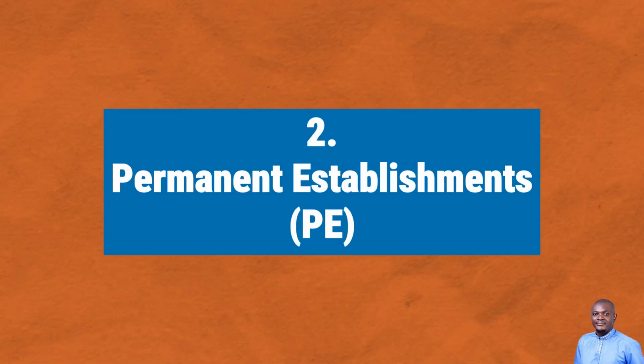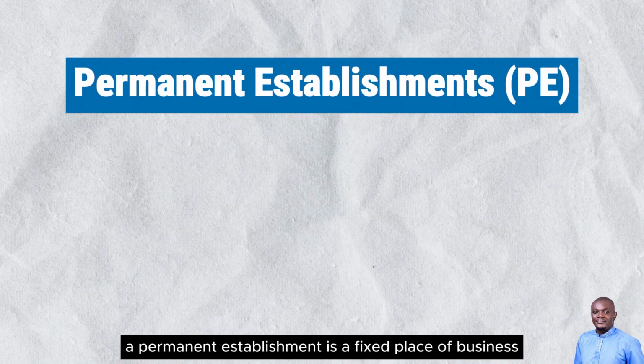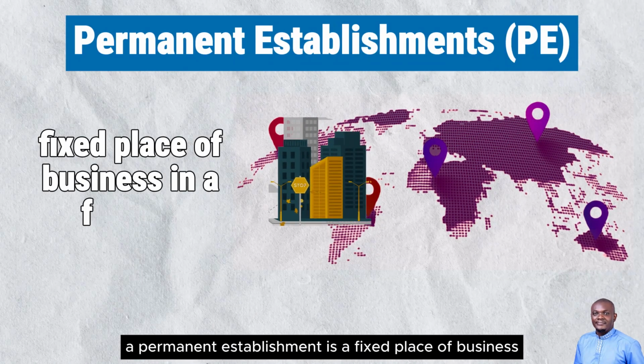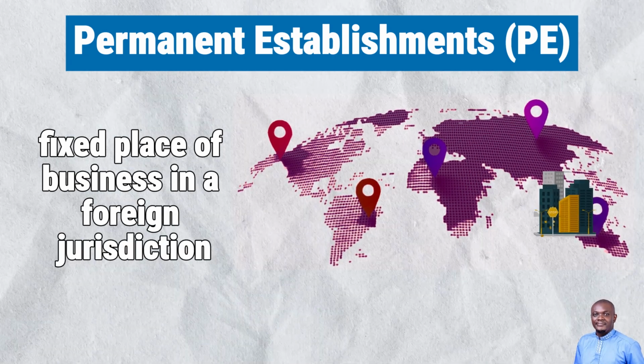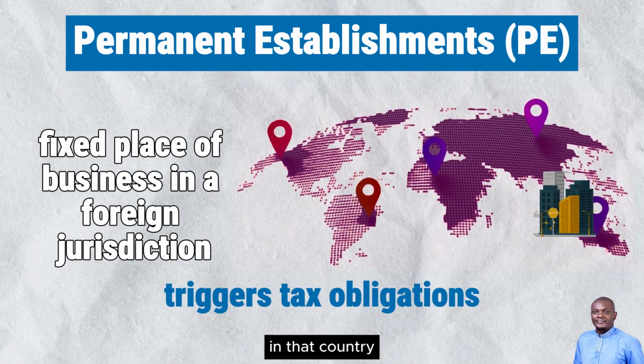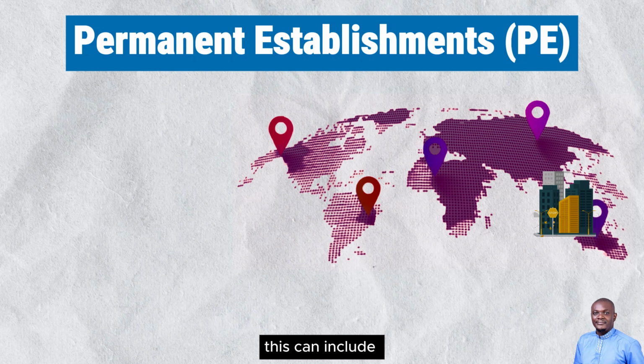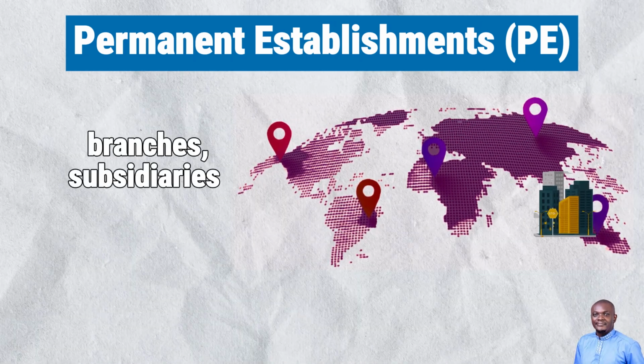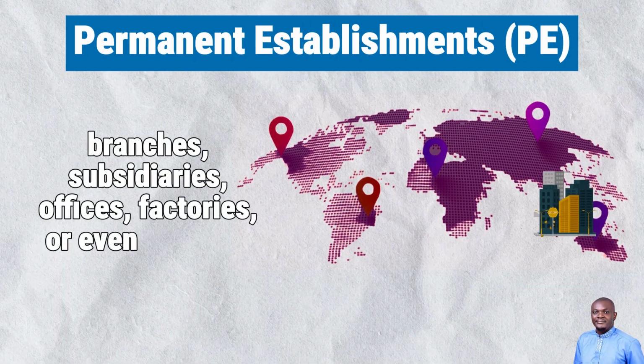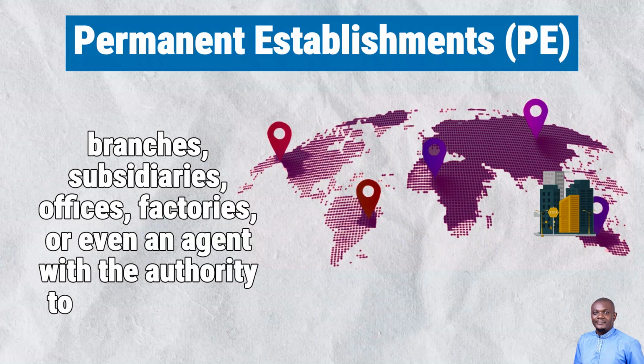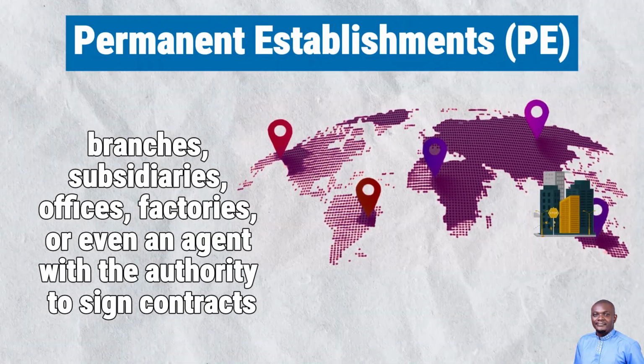Permanent establishment. A permanent establishment is a fixed place of business in a foreign jurisdiction that triggers tax obligations in that country. This can include branches, subsidiaries, offices, factories, or even an agent with the authority to sign contracts.